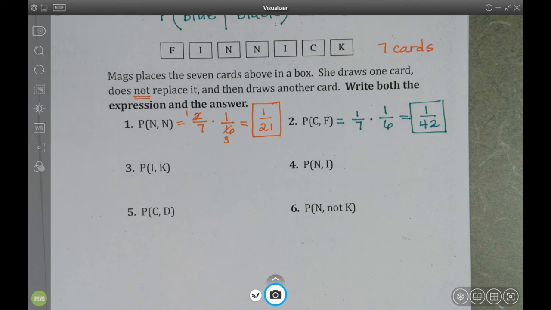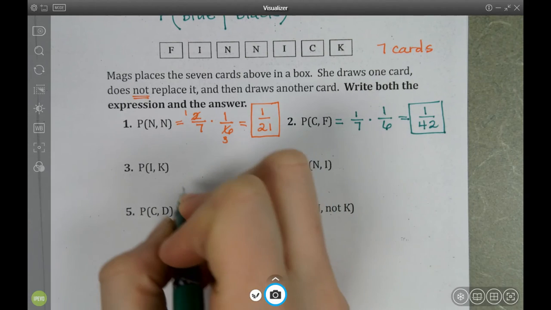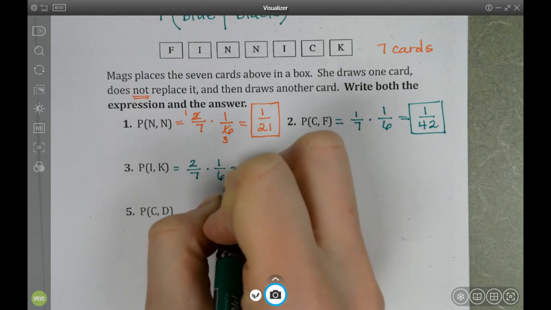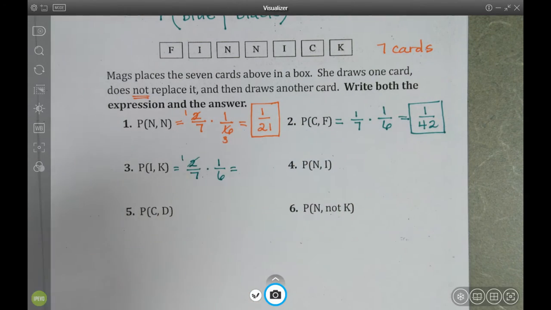All right, check with your neighbor. Zero.